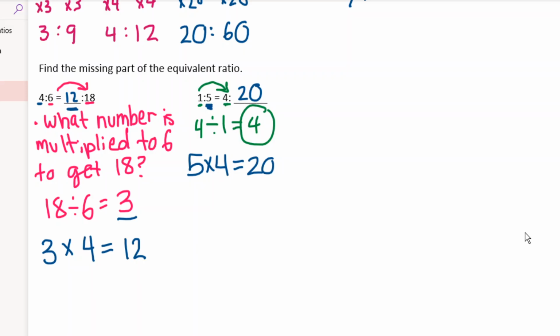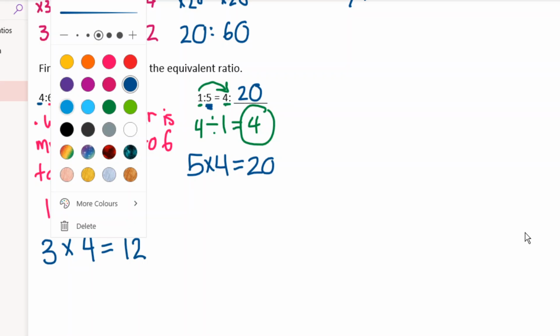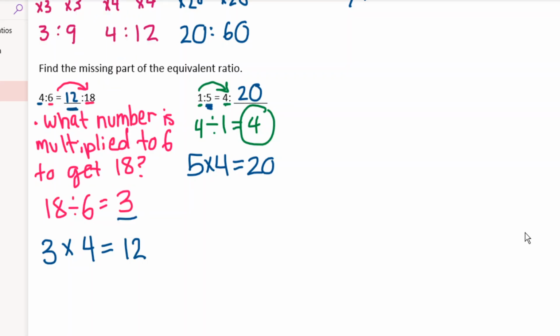All right. Now, if you want to check your work, and I'll do this as a little bit of a bonus here, we'll go down. So we'll check our work. The way that we can check our work is if we put 4 to 20 into simplest form, we should get 1 to 5, right?